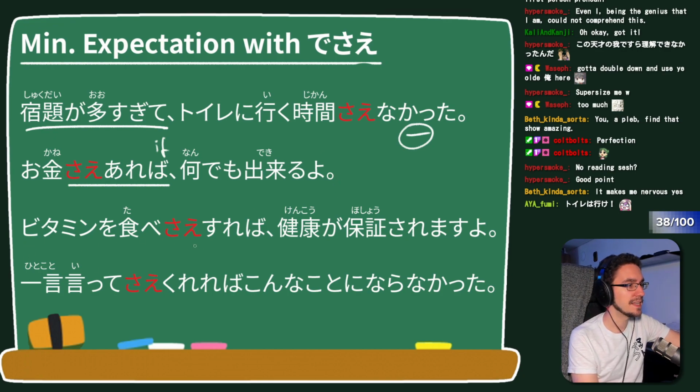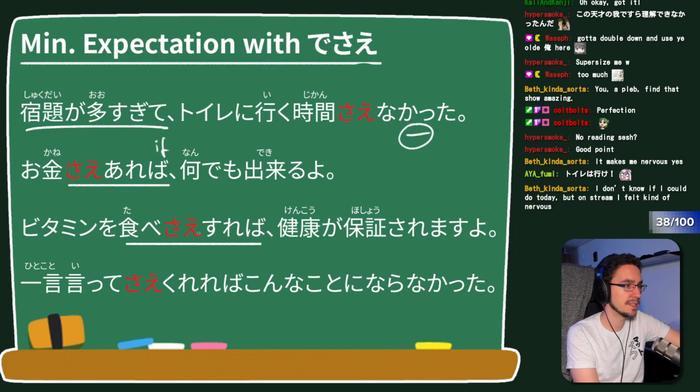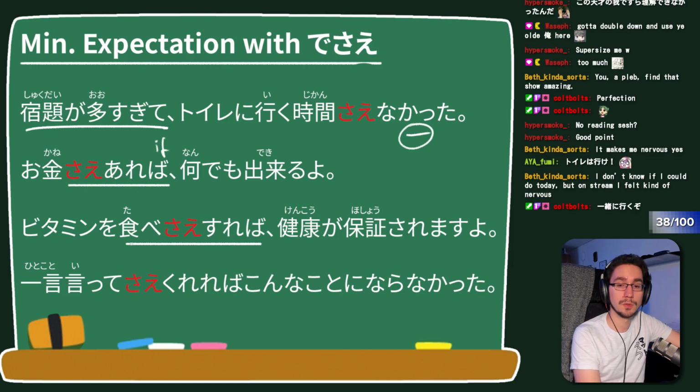ビタミンを食べさえすれば. Another one that you'll see very often. Action さえ plus する. Like 食べさえすれば, right? If as long as you do that. That one is the one where you'll most likely see the must stem, right? Must stem.